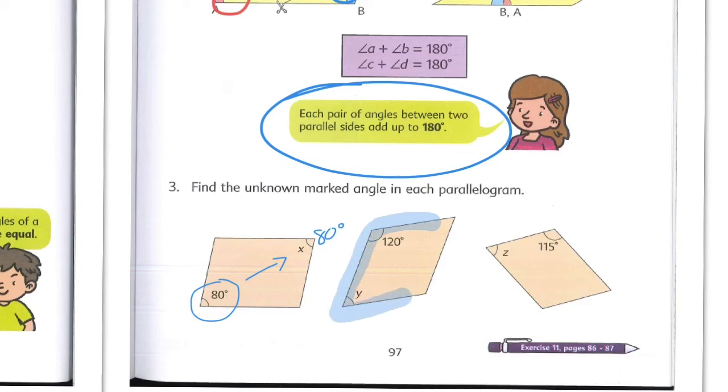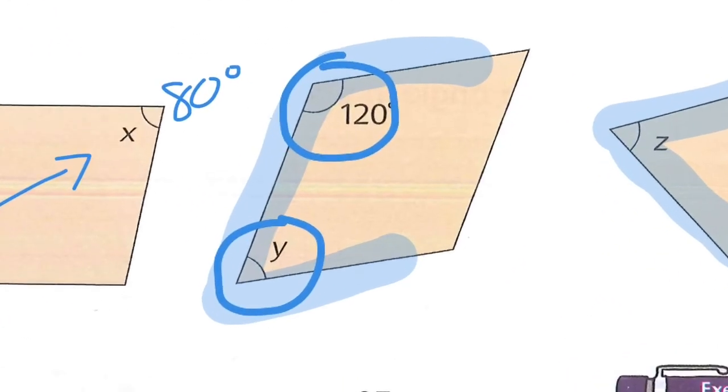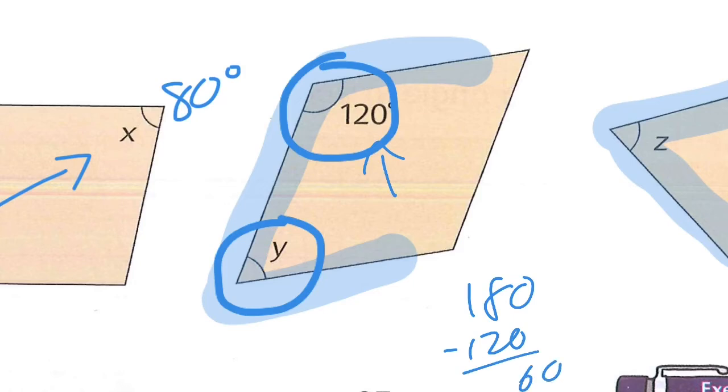If you think about that as a C, or this one over here as a C turned on its side, we know that the sum of these two angles is going to be 180 degrees, right? So if the sum of these two is 180, and this guy is 120, well, 180 minus 120 is 60 degrees. So we know that angle y here is 60 degrees.